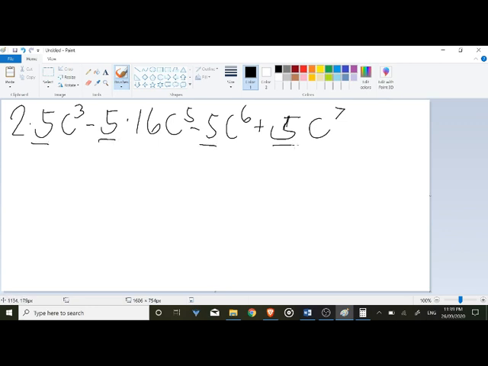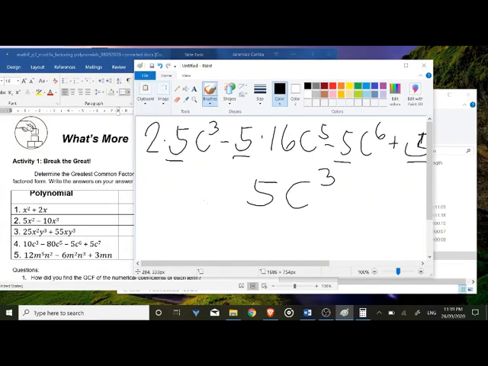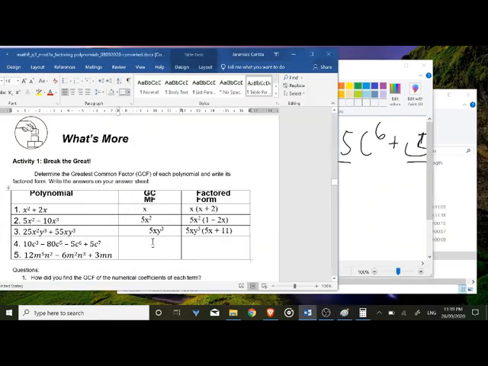Siyempre si 5. So, what about the variable? Literal coefficient natin, puro c yan. So, ang common ay ang tatlong c. So, our GCMF is 5c cubed.